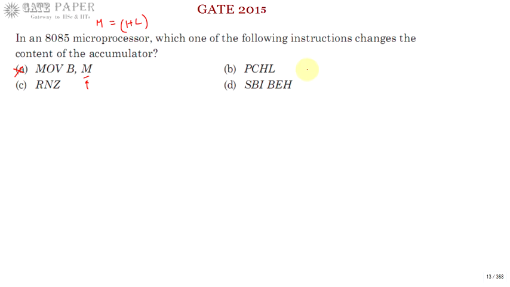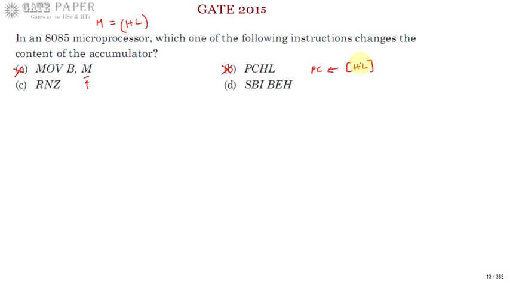So the contents of the HL register are copied into the program counter, and this also doesn't involve the accumulator. So this is also not the answer.